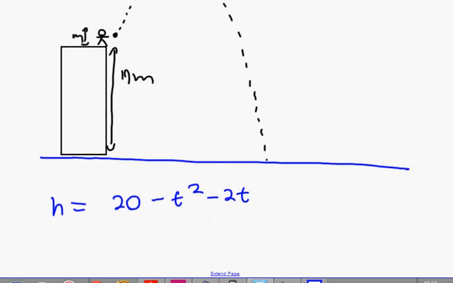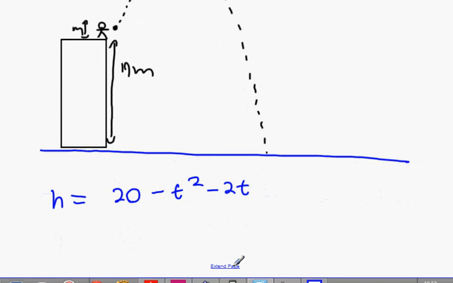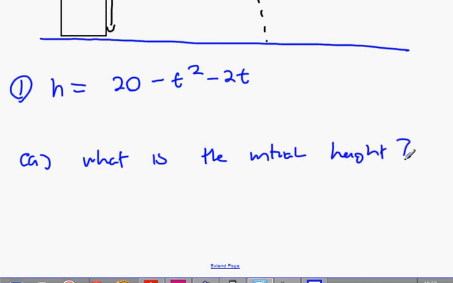Now, what I might ask you is, after how long does it hit the ground? When does it reach its maximum height? Stuff like this, these are questions I can ask. An example would be for part A: what is the initial height? We know that it's 20, don't we? How would you prove it?